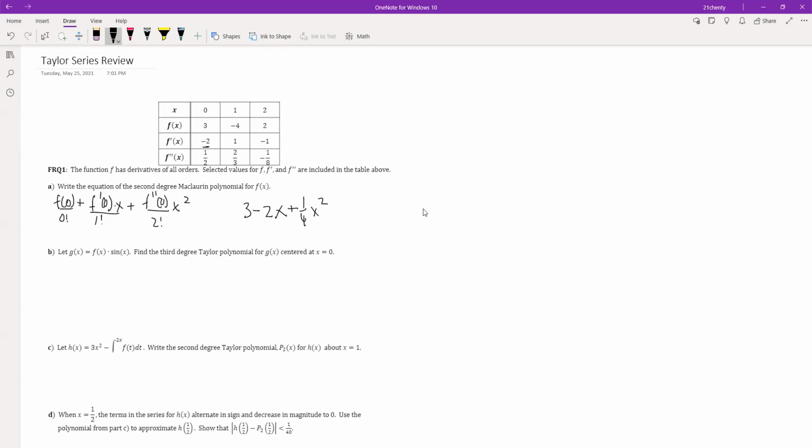Okay, so the Maclaurin series for sine of x is positive x, minus x cubed over 3 factorial, plus x to the 5th over 5 factorial, and so on and so forth.